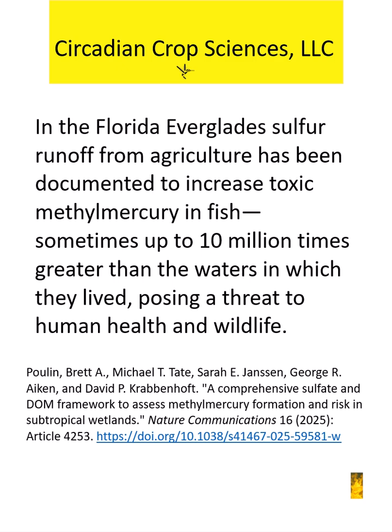In the Florida Everglades, sulfur runoff from agriculture has been documented to increase toxic methylmercury in fish, sometimes up to 10 million times greater than the waters in which they lived, posing a threat to human health and wildlife.